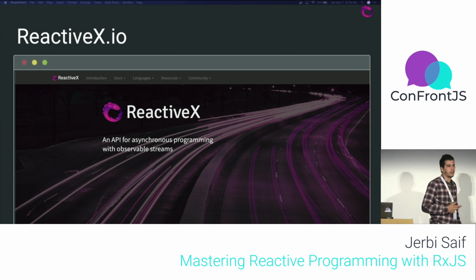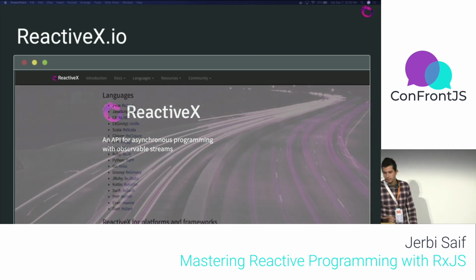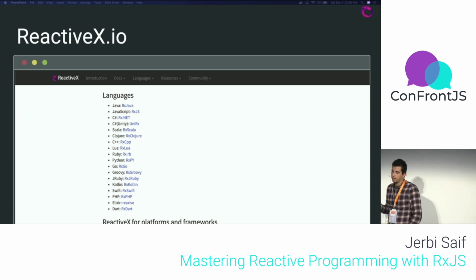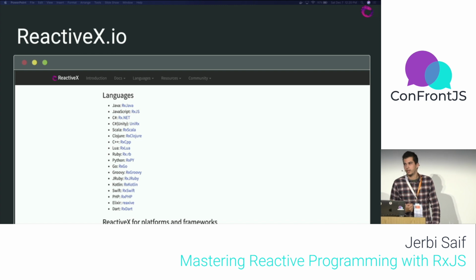ReactiveX is a project that defined how to do reactive programming, and there are a lot of extensions of this library for different programming languages. You will find RxJava, RxJS, Rx.NET, etc. So whatever you are using, you can use an Rx library.